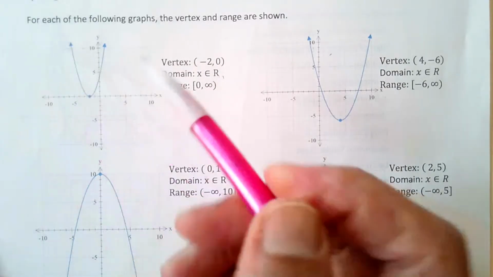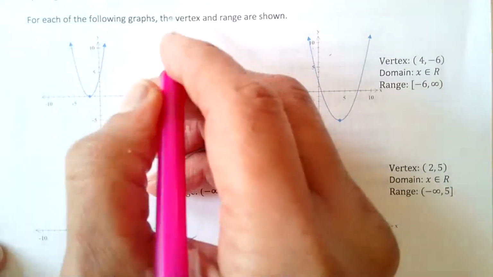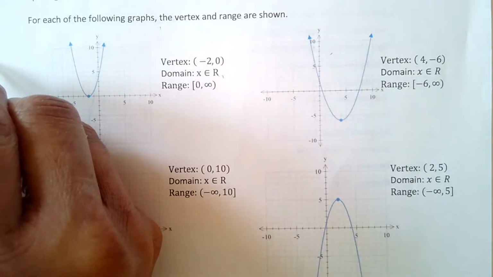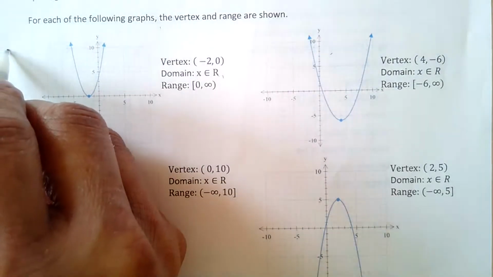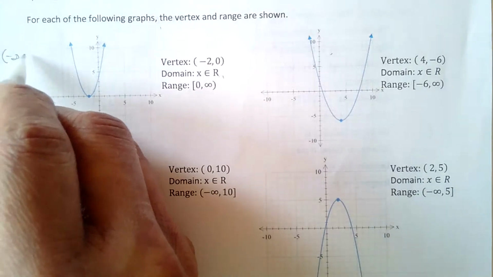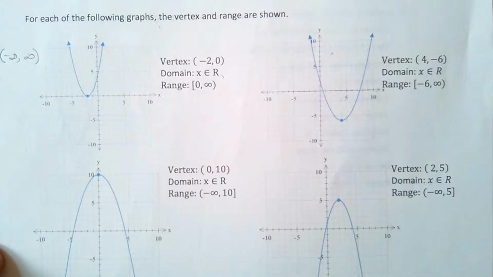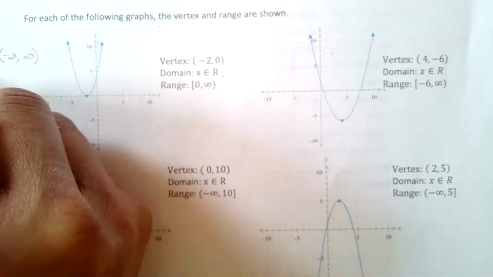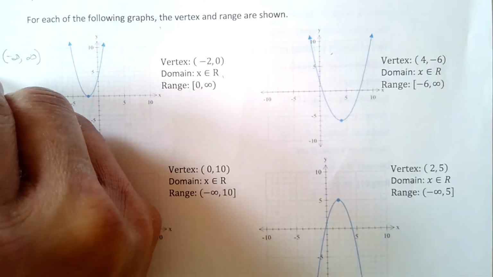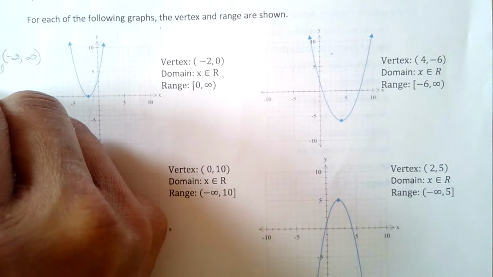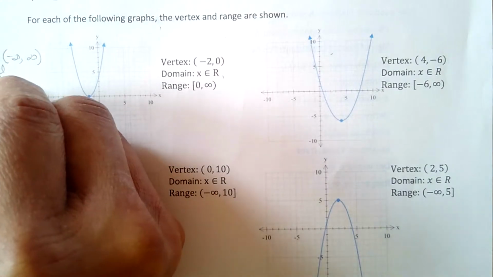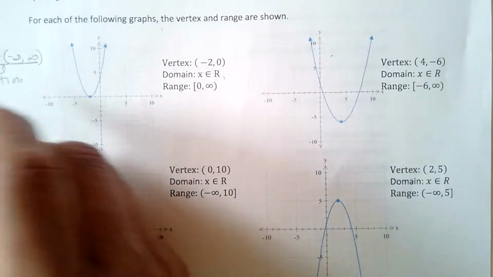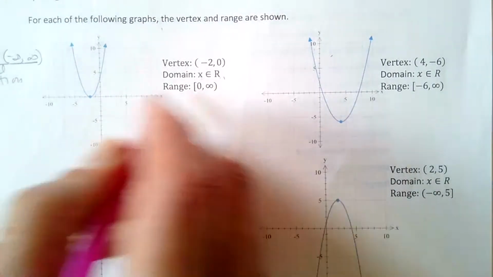In the previous unit, I said you can write a domain in two forms. You can write it in what we call the interval notation, and that's the one that goes from negative infinity to positive infinity. Or you can write it in what we call the set notation.